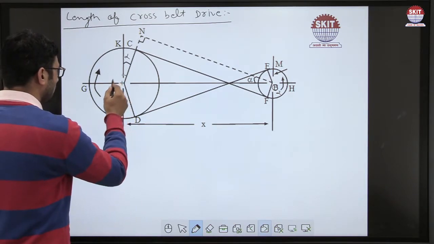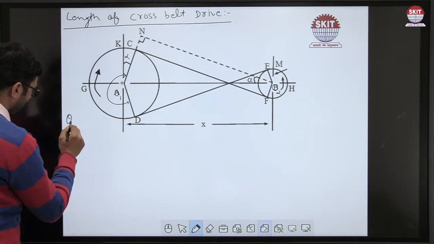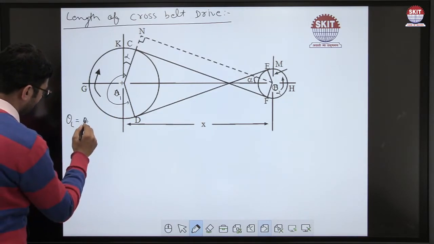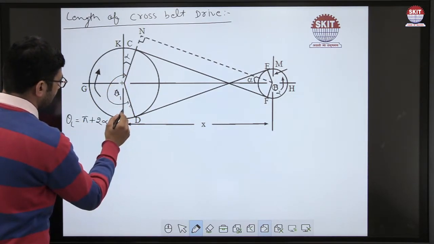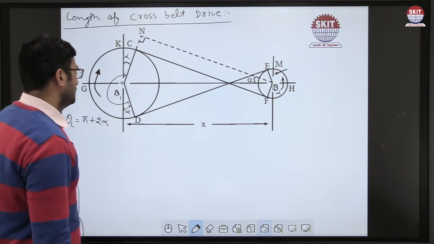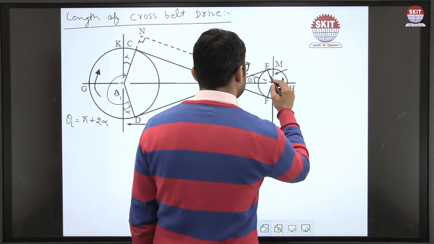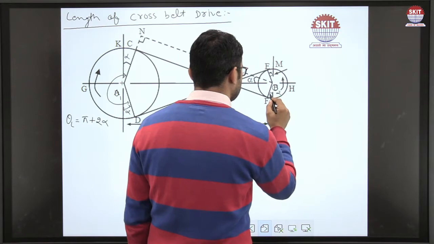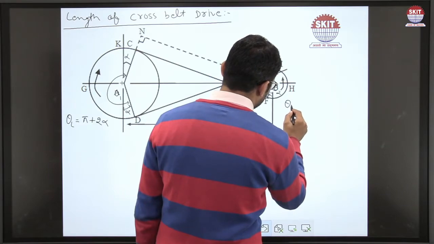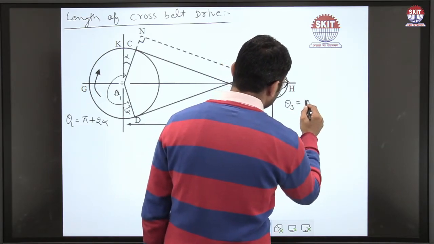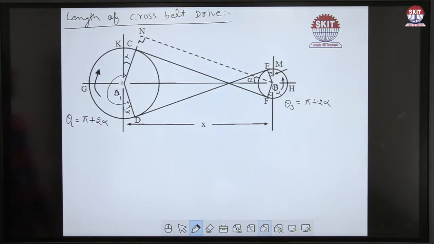Then we find the angle of contact is pi plus 2 alpha. Because this angle is alpha, then this angle is also alpha from the geometry of the figure. Similar geometry of the figure. And this angle is also alpha, and this angle is also alpha. So the angle of contact at the smaller pulley is also equal to pi plus 2 alpha. This is the first change in the length of cross belt drive.